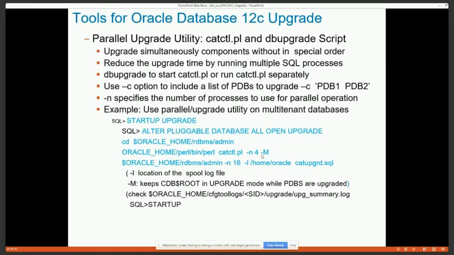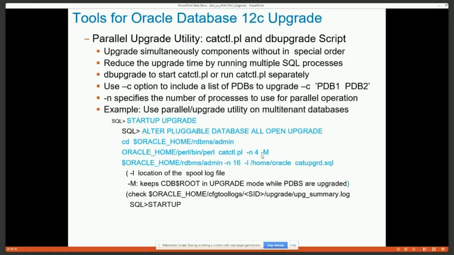You can run multiple streams to upgrade the database. This is a very key feature to help you reduce the upgrade time, which is also part of reducing your downtime.